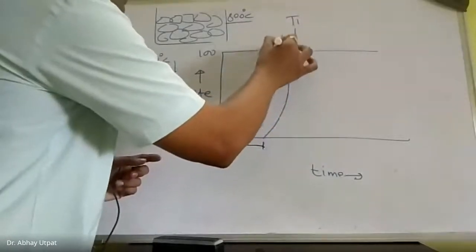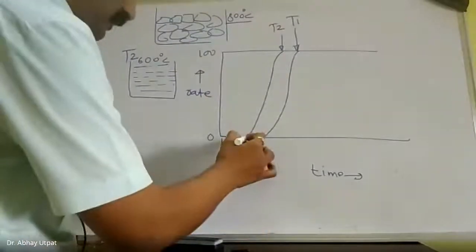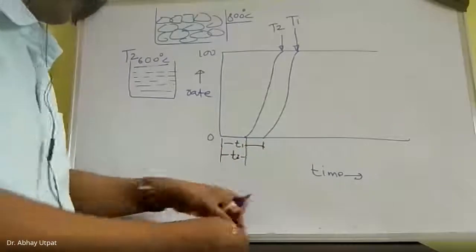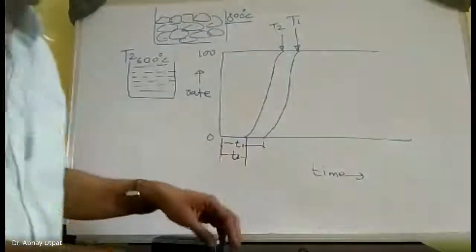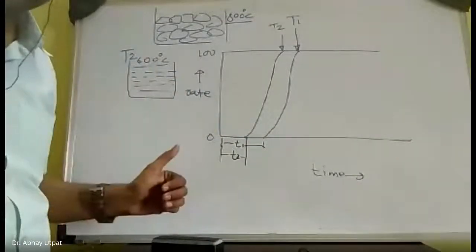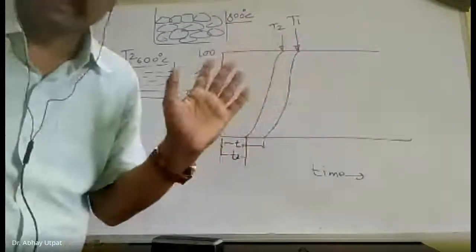This is for T2, and this is small T2. What is the meaning of this? As cooling temperature decreases, incubation period decreases, rate of transformation increases.